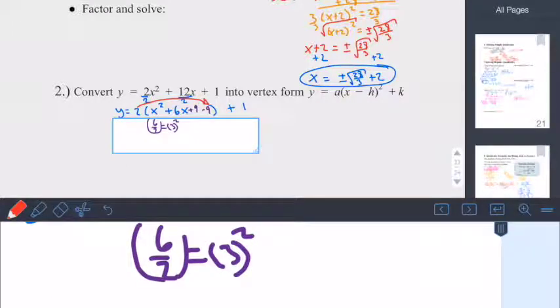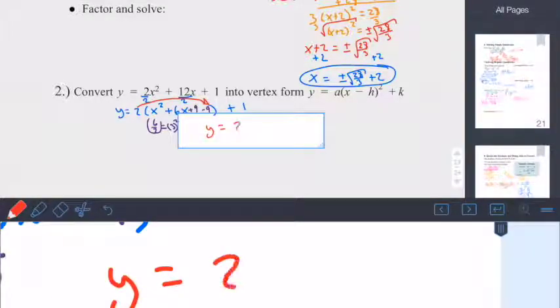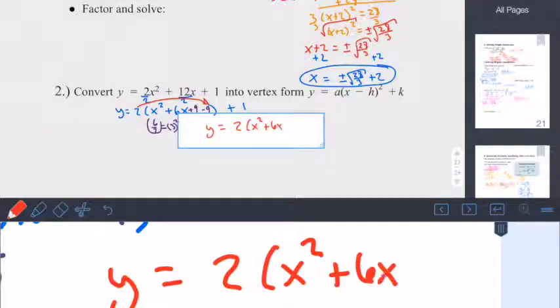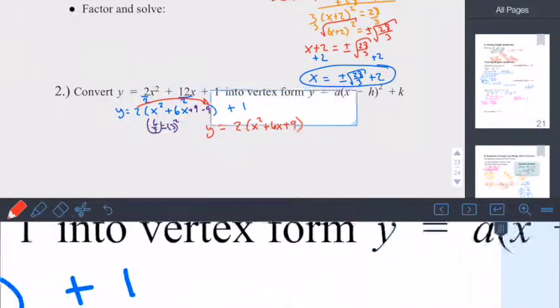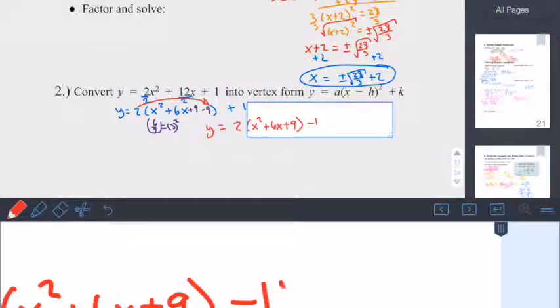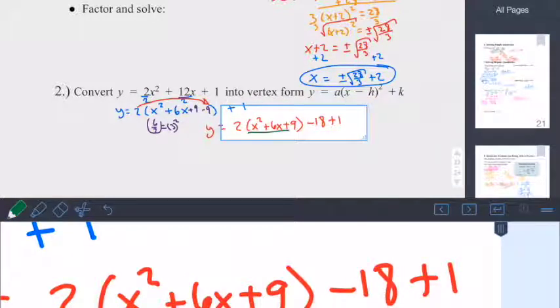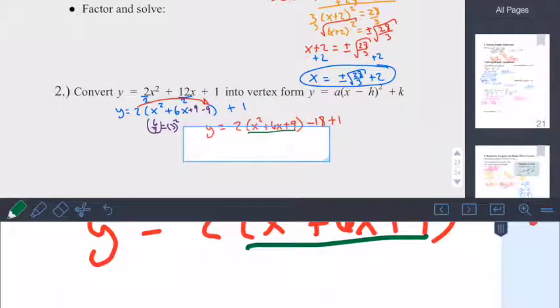Now remember, I need to multiply this 2 times negative 9 to get it out of those parentheses. And 2 times negative 9 is negative 18 plus 1. Now I can factor this perfect square polynomial.